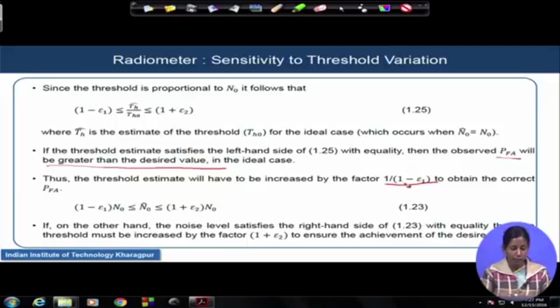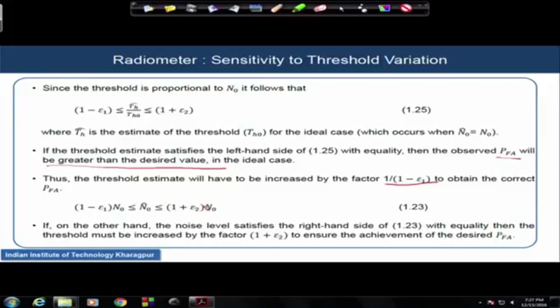On the other hand, if the noise level satisfies the right hand side of the value with equality, then it must be increased by a factor of 1 plus epsilon 2 to ensure the desired false alarm probability. So, this is the meaning of your estimate and choice of the proper threshold with the false alarm probability. In one case it is increasing and in the other case it is decreasing.